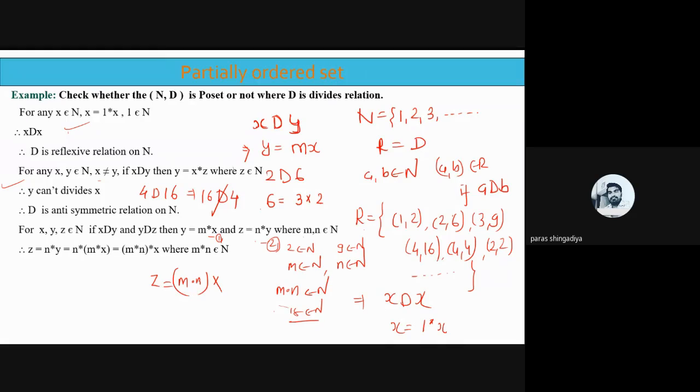This product mn also belongs to N, and here we get the relation z is equal to m into n into x. What does it mean? (x, z) also belongs to R. Clear?